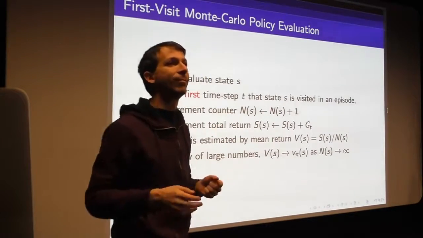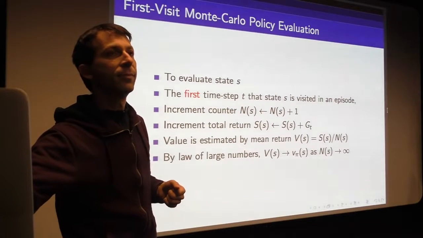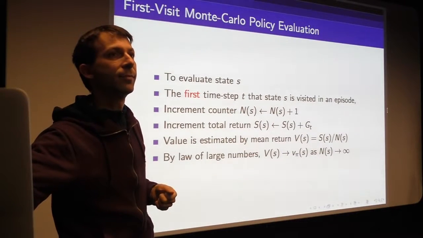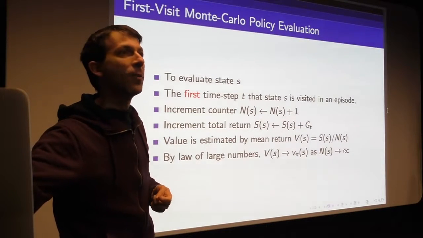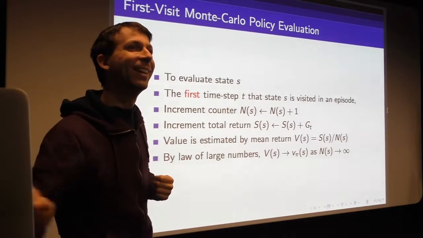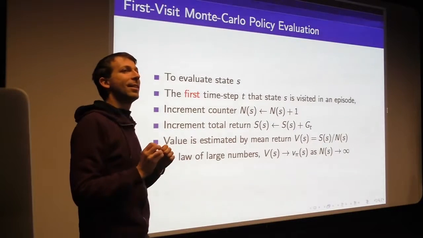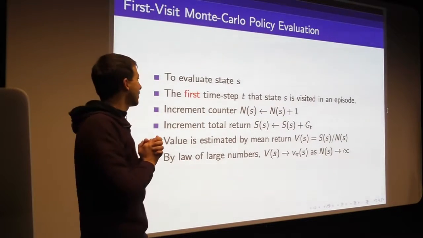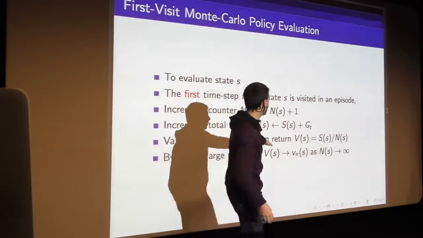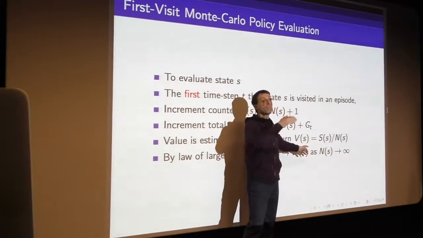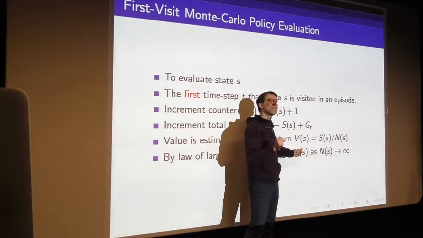Okay. Yeah. If the state space is really large, then the number of episodes you need to run, doesn't that go up exponentially? No. Well, first of all, we can ask how quickly the law of large numbers approaches the mean, and that's the central limit theorem.